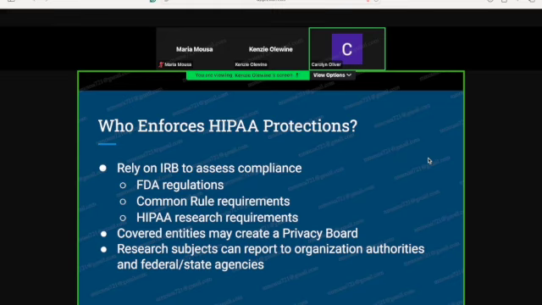The entities that are covered under HIPAA are allowed to make privacy boards to ensure that HIPAA rules and regulations are being followed. This is just to allow for further understanding that there are rules and regulations and that smaller entities are able to have disciplinary action under this.